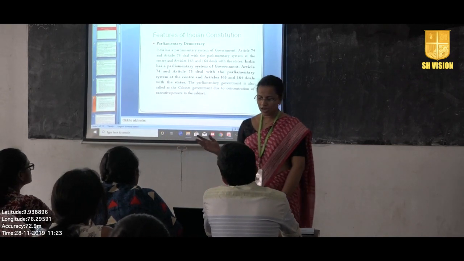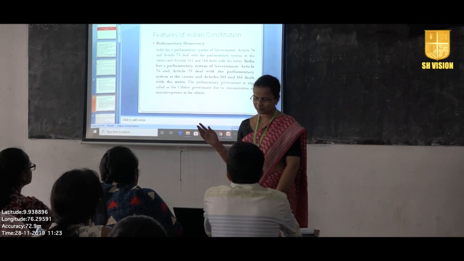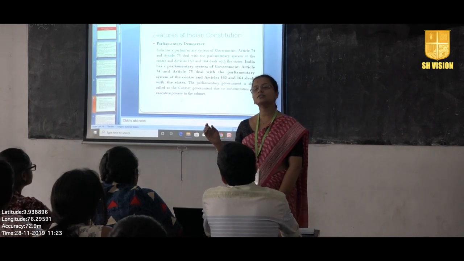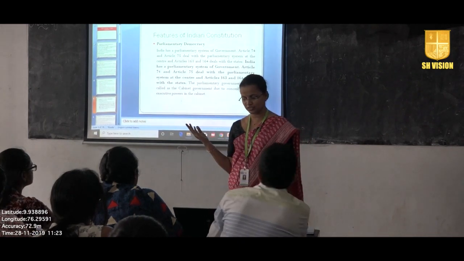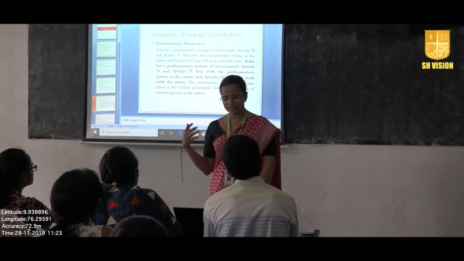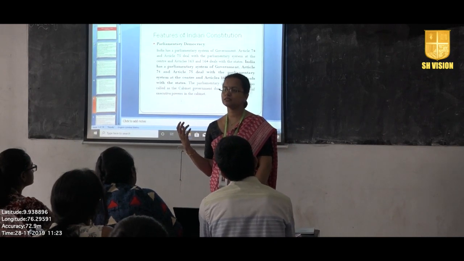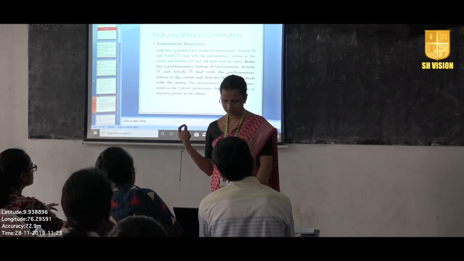Now, the parliamentary government is also known as the cabinet government. Okay, and why is it known as the cabinet government? Because there is a concentration. Who is the executive in India at the Union, at the center?